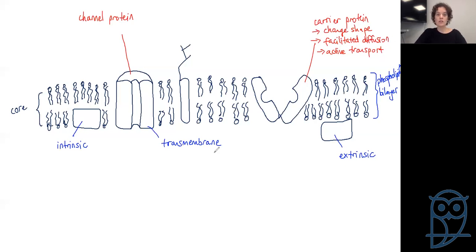So if you haven't got to the methods of transport across cell membranes yet, don't freak out. Bear in mind there are more methods than you learned at IGCSE, and that's what we're referring to here. Facilitated diffusion is just a special type of diffusion. So facilitated diffusion can happen through a carrier protein. It can also happen through a channel protein.